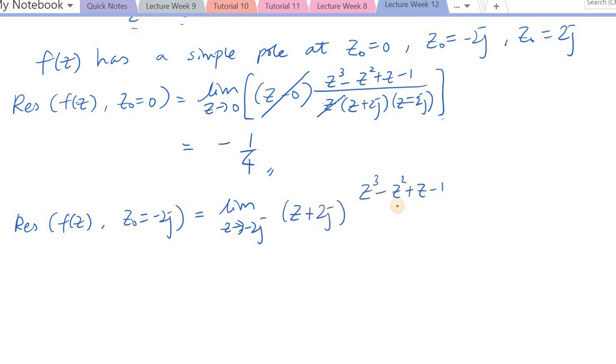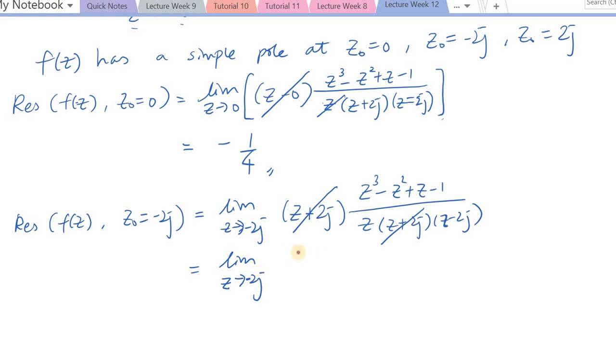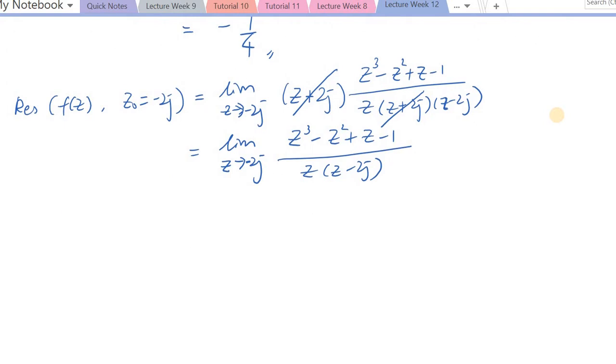And then your f(z). So we cancel this. So you take the limit when your z approaches -2j.